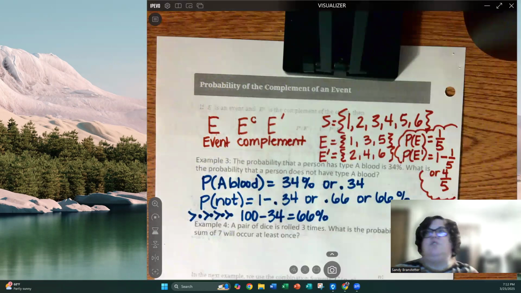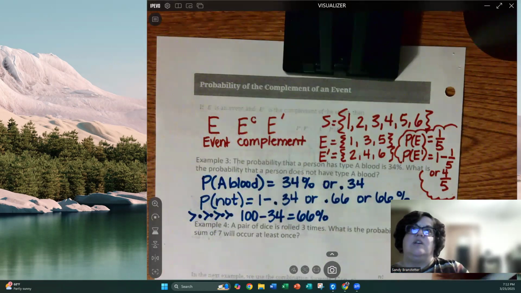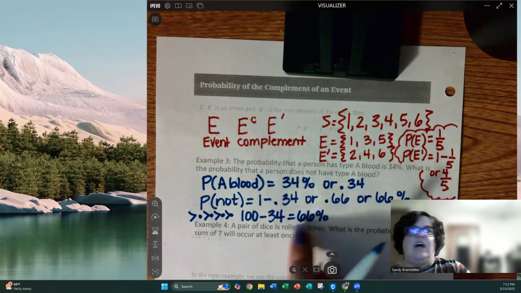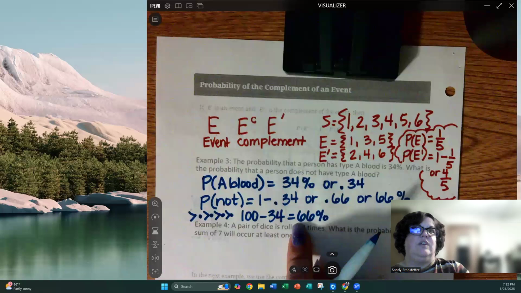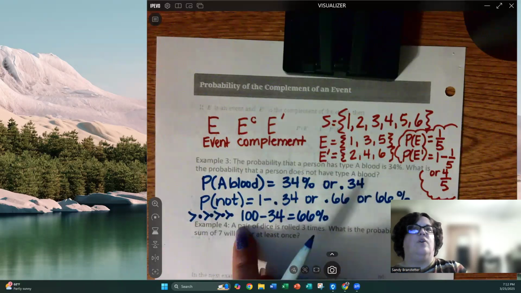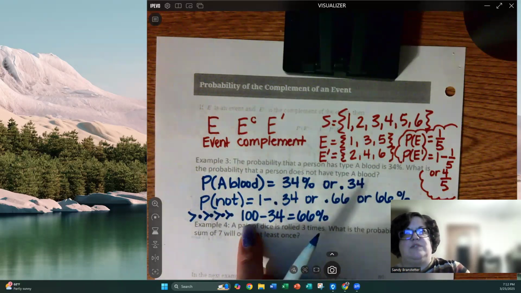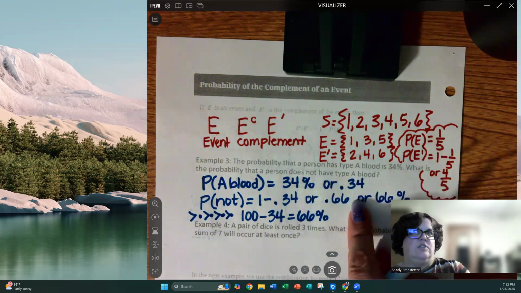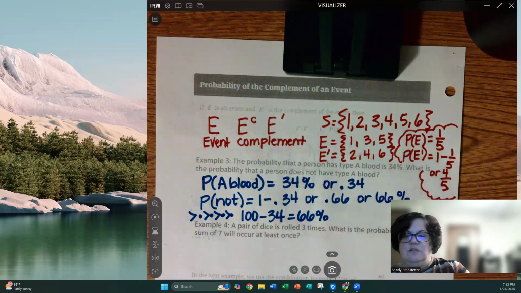If I want to use the formula, which is that I take 1 minus the probability, then I would have to realize that 1 or a whole is the whole 100%. So you're better off always changing it to a decimal than possibly making a mistake and not thinking about that.